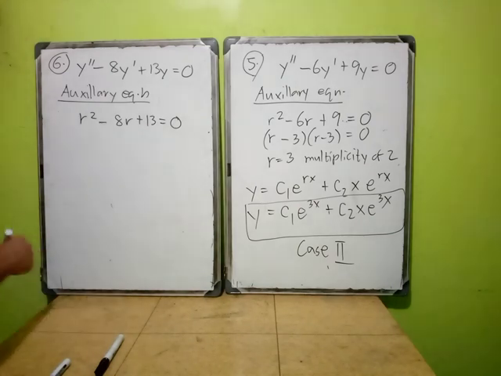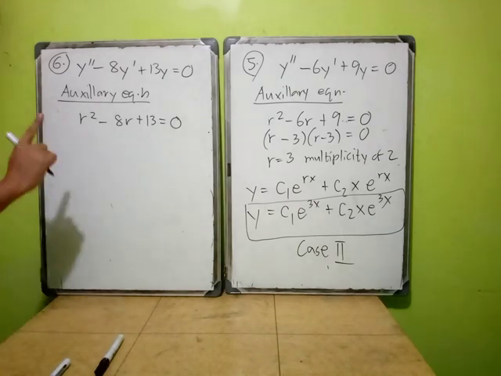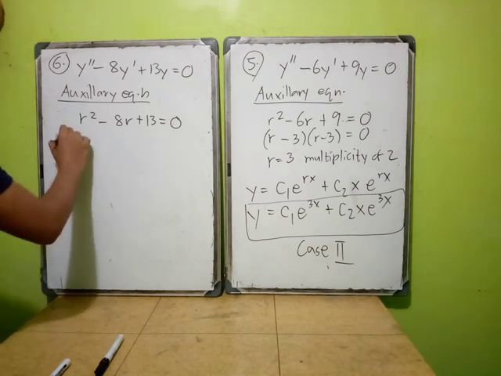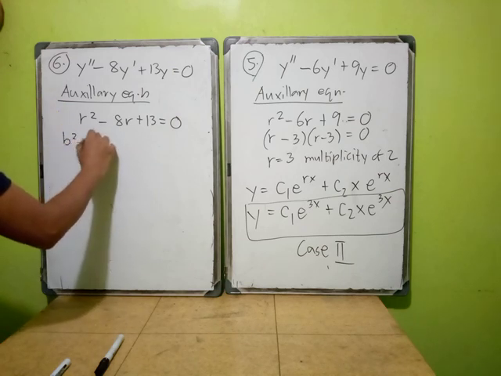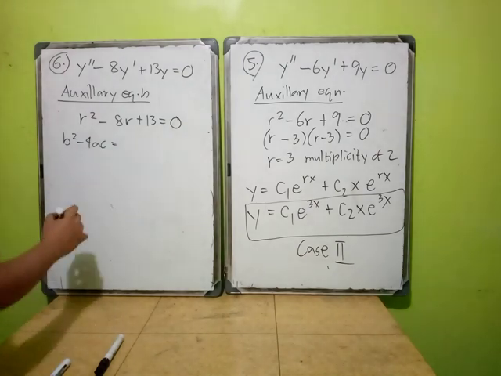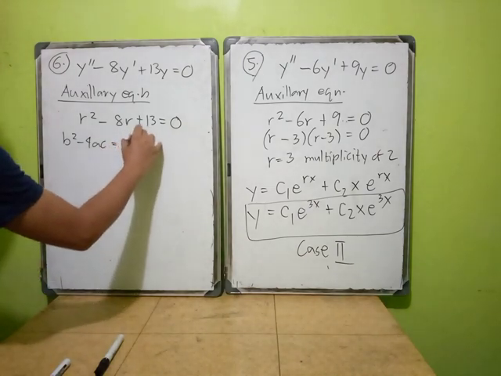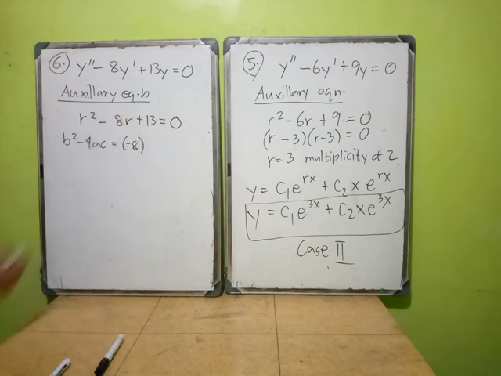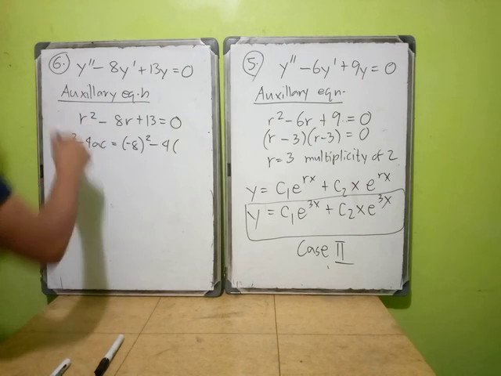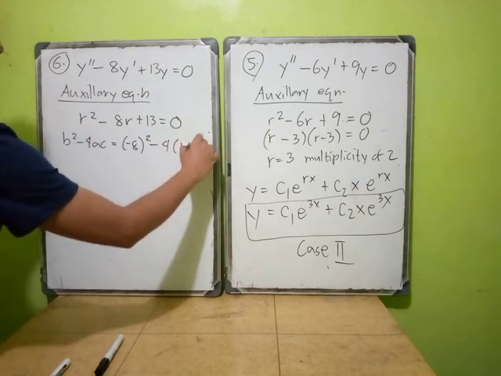One thing dito, if you cannot factor this one, in order to check if it has two distinct roots, you can check the discriminant. The b here is negative 8. So negative 8 squared minus 4, the a is 1 and the c is 13.